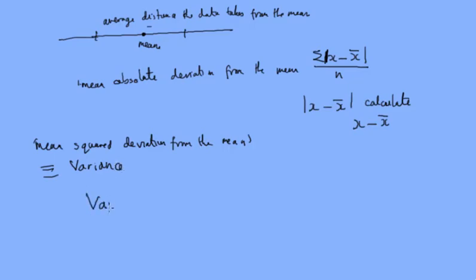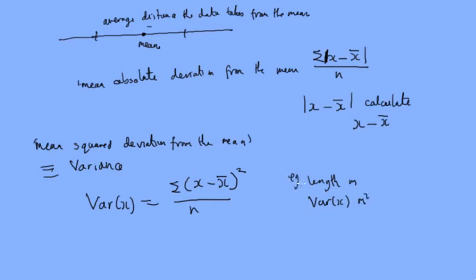So the variance of x is equal to the sum of x minus the mean squared over n. So if we were dealing with data to do with length, in meters, the variance of x would be in meters squared. This is just for example.